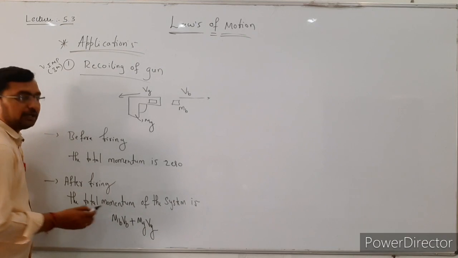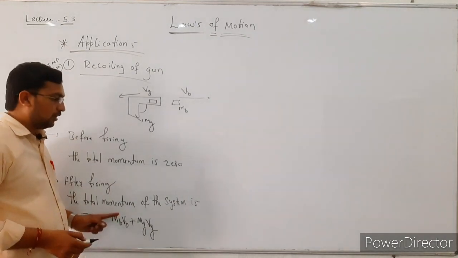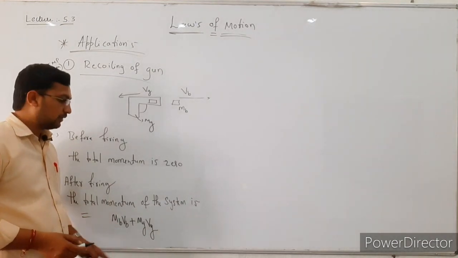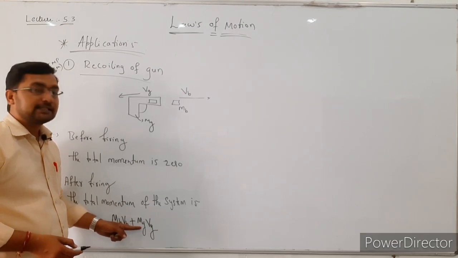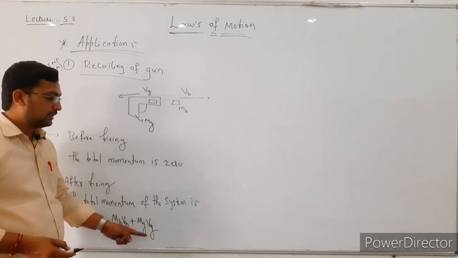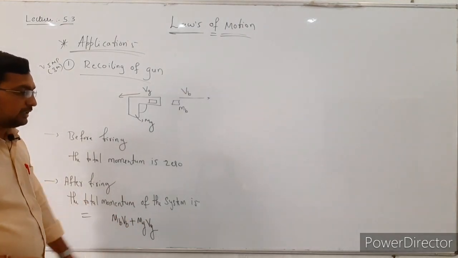Here m suffix b indicates the mass of the bullet, v suffix b the velocity of the bullet, m suffix g the mass of the gun, and v suffix g the velocity of the gun.